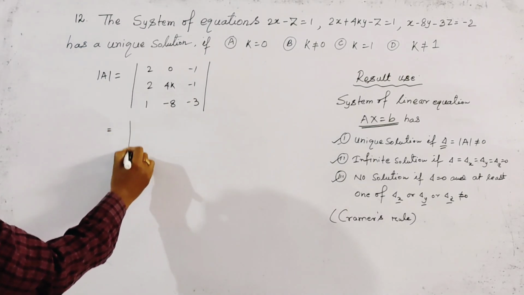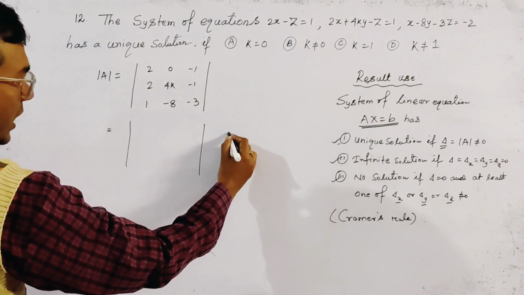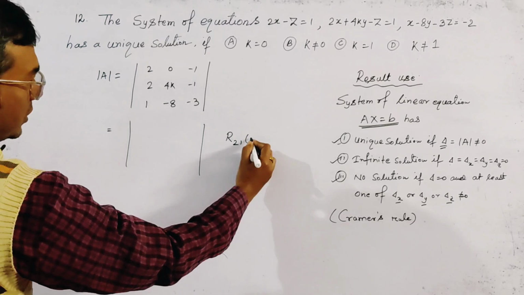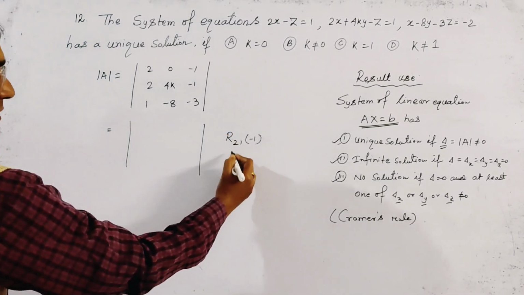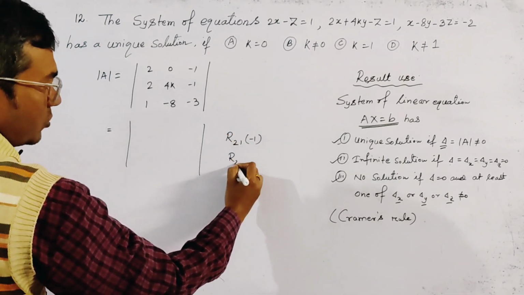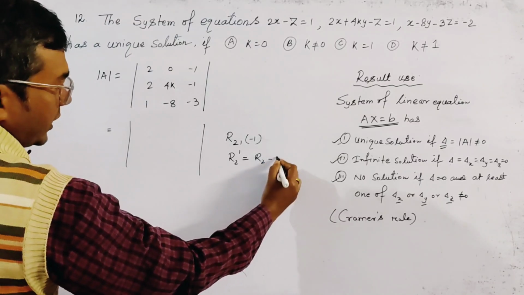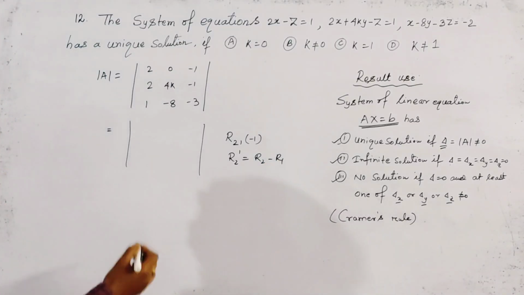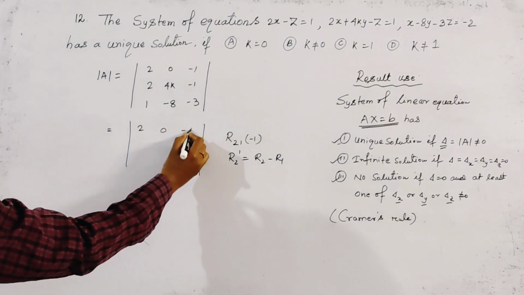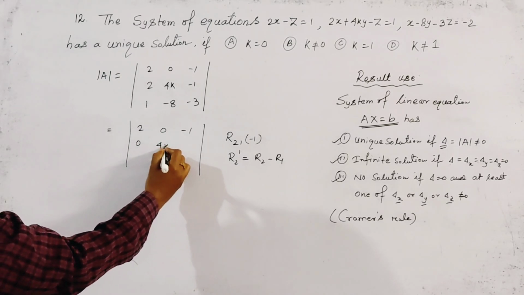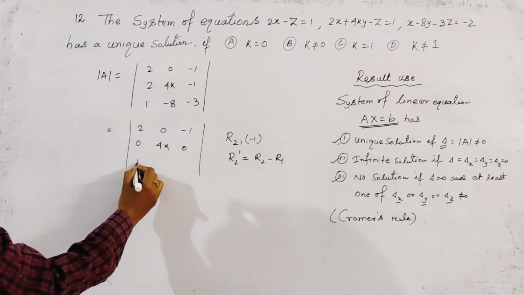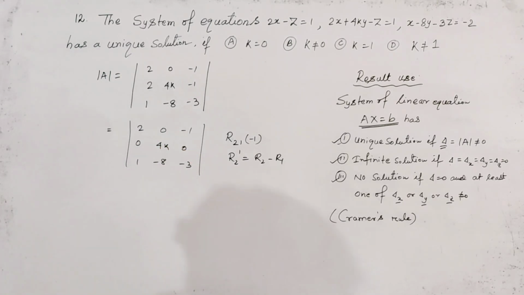Now by operating R2 dash equals R2 minus R1, we get 2, 0, minus 1, 0, 4k, 0, and 1, minus 8, minus 3.